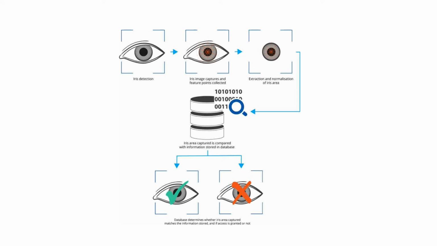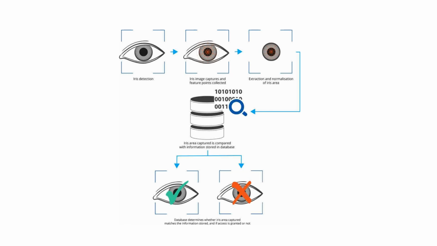Here is the retina biometrics, or iris. Let's see this iris biometrics. Initially the iris is detected, then the image is captured, then features are extracted from the iris image, the eye image. The feature in the eye image is the iris.